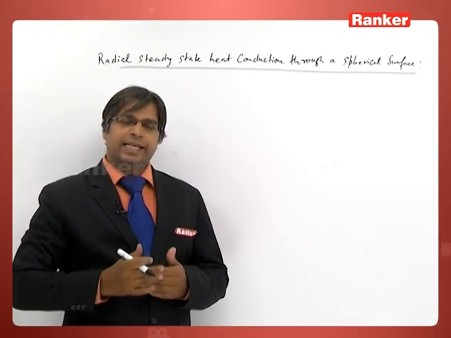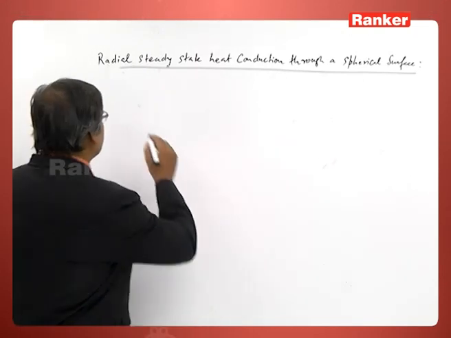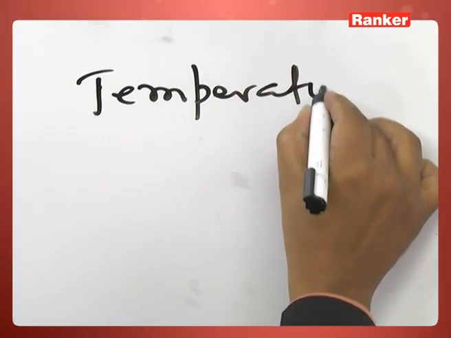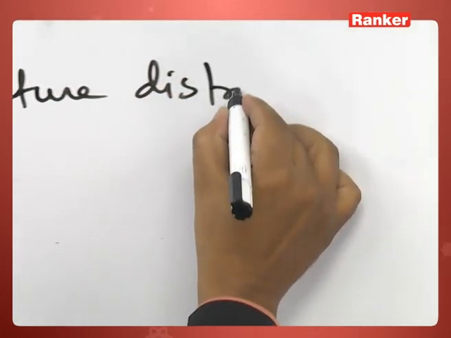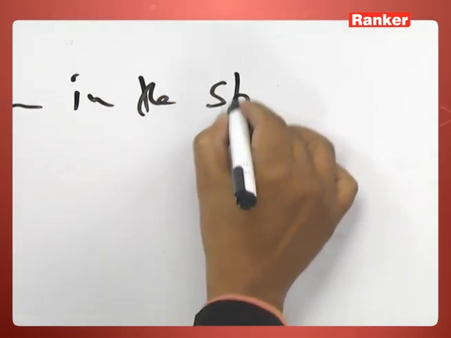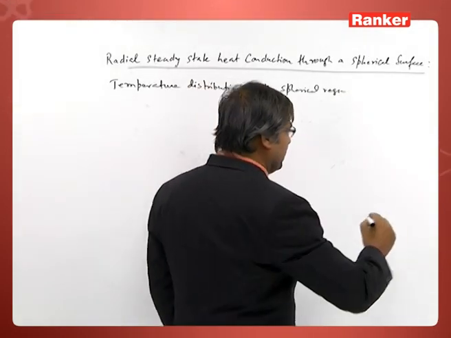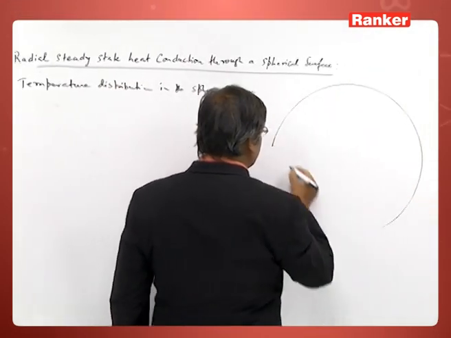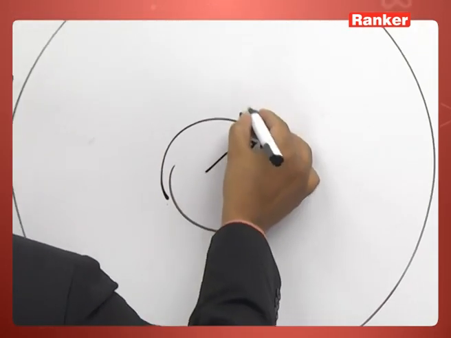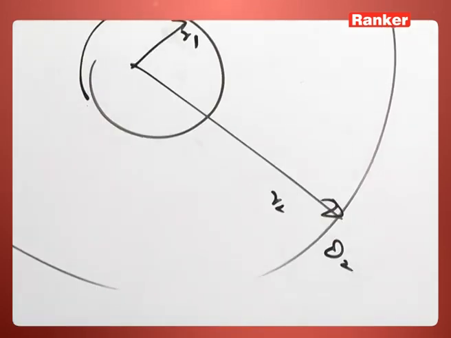Now, let us study the temperature distribution in the spherical region. We have taken the case that the inside radius R1 has a temperature θ1 and the outer radius has a temperature θ2.